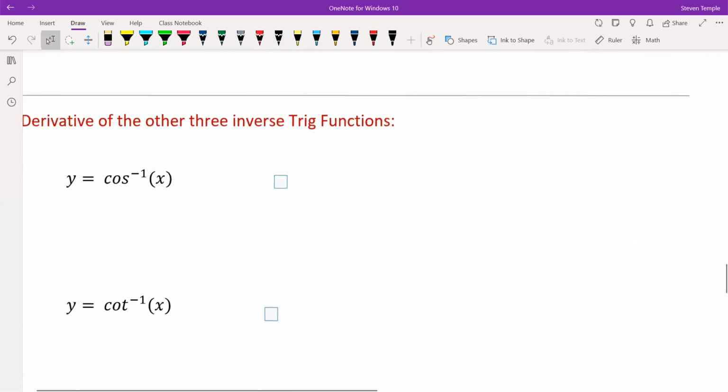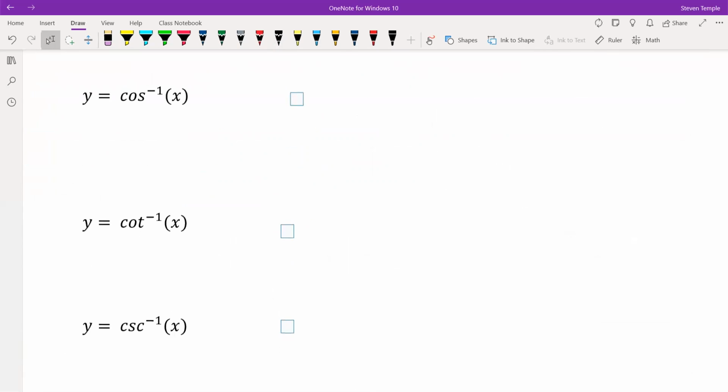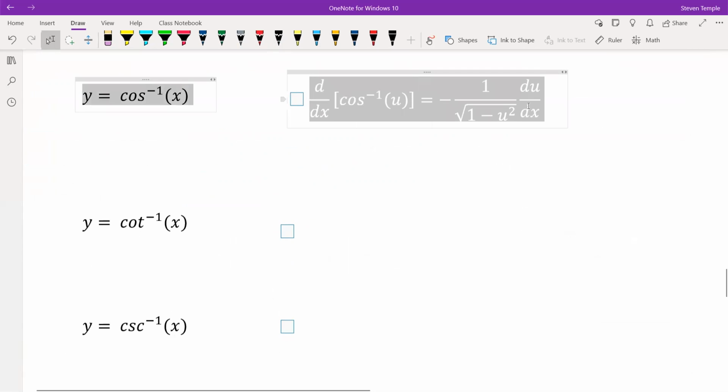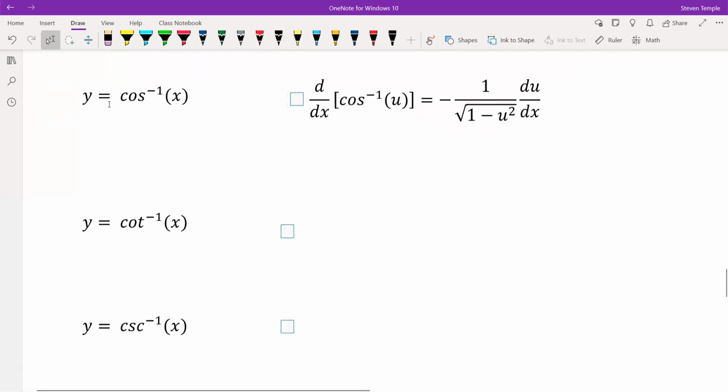There are the other 3 inverse trig functions. The first 3 are pretty big. You have your fractions. You have to know when it's going to be u squared minus 1, or u squared plus 1, or 1 minus u squared. All those things you're going to have to memorize. Now there are 3 more. Fortunately, inverse cosine is the exact same thing as inverse sine, but with a negative sign.